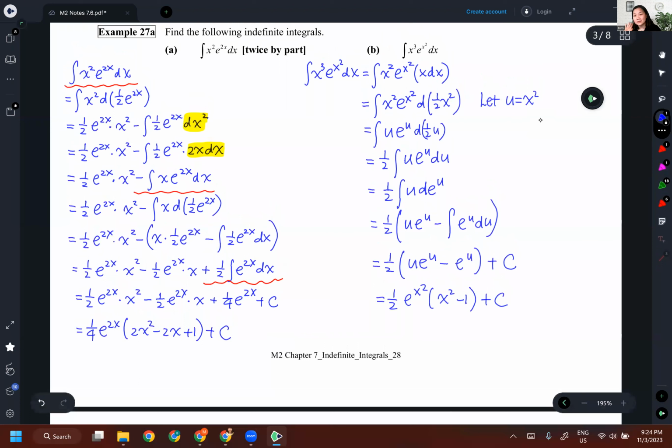So in part B, another kind of difficulty is that it's a composite function. Sometimes you may need the assistance of another variable in order to figure it out quicker.